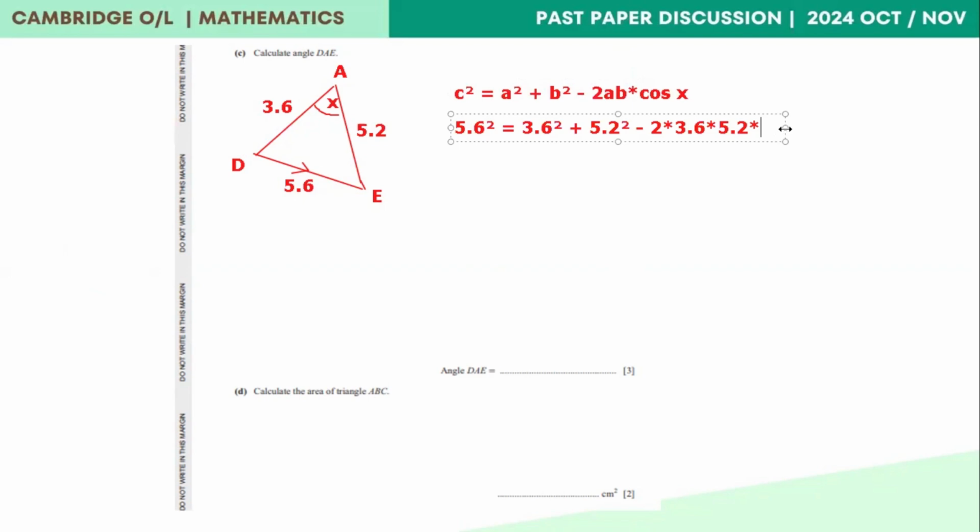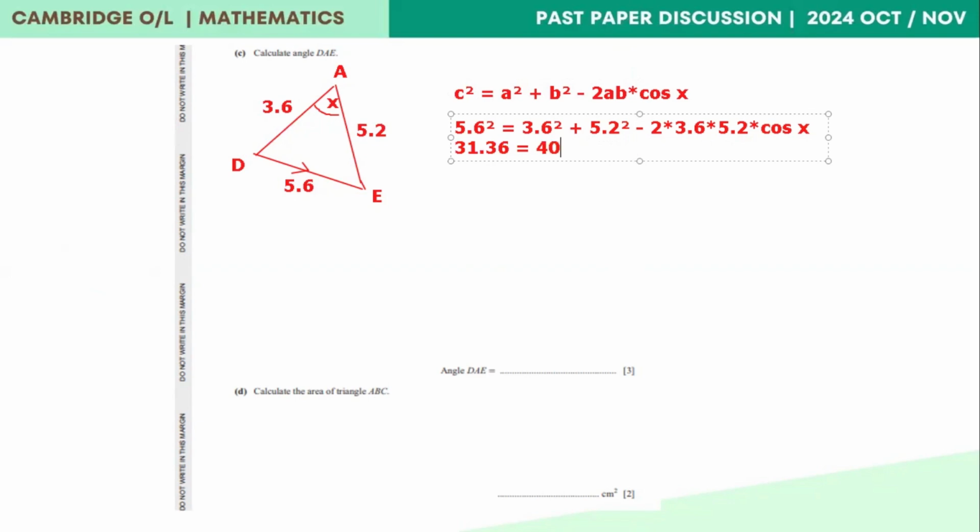Solving this, 5.6 squared is 31.36, and 3.6 squared plus 5.2 squared is exactly 40.